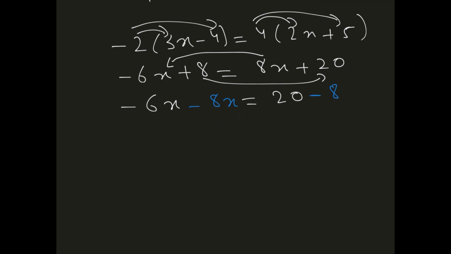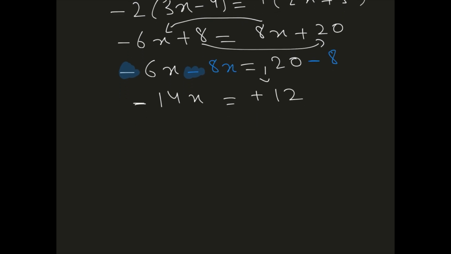So here the signs are same, so we'll add them. The sign remains the same, and 6x plus 8x is 14x. And the signs are different, so we'll subtract them, sign of the greater value, so positive. 20 minus 8 is 12, right?